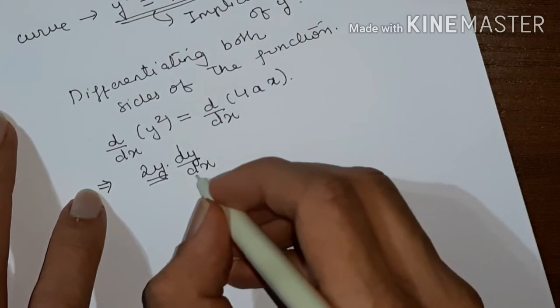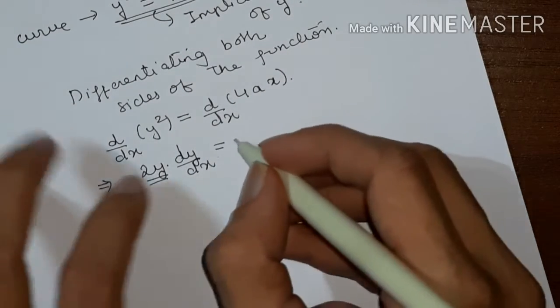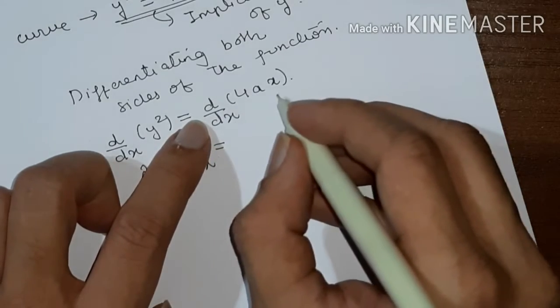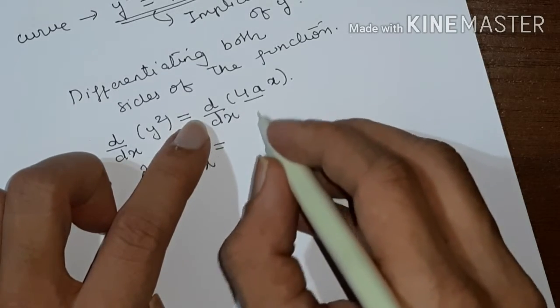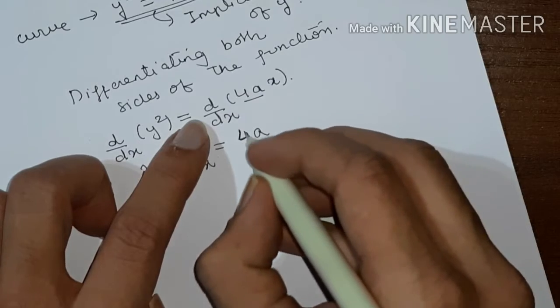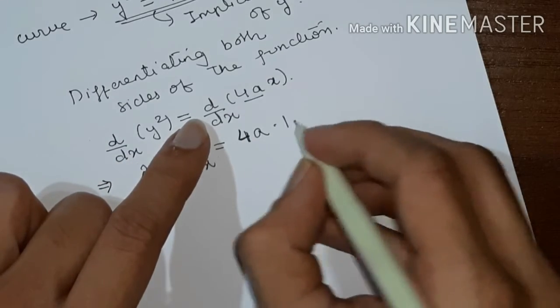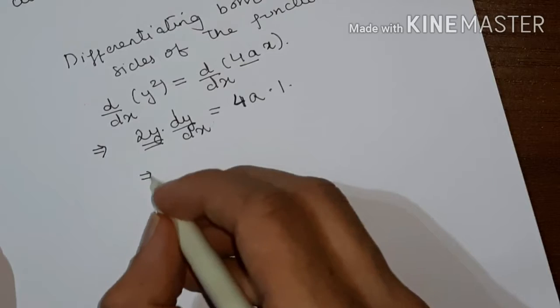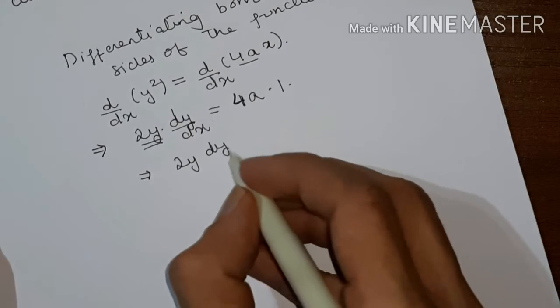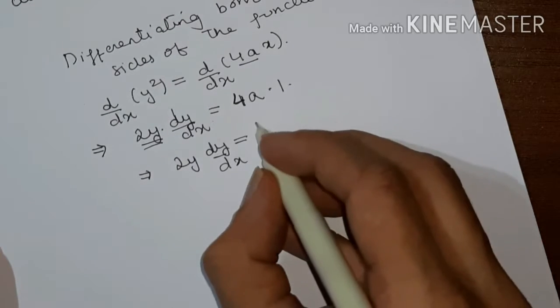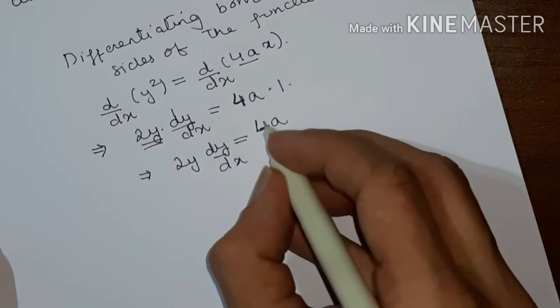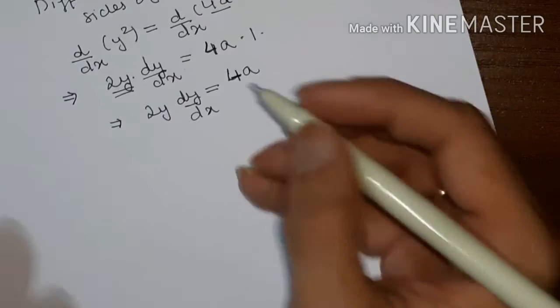This is the chain rule, right? Which is equal to d by dx of this function. So 4a will be out here, and the derivative of x is 1. So you will get 2y dy by dx equal to 4a, right?